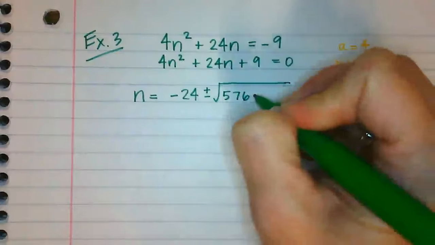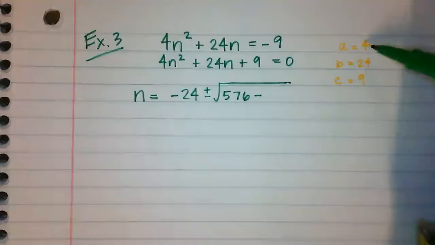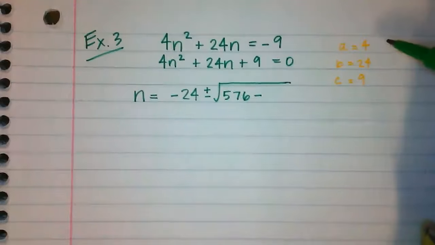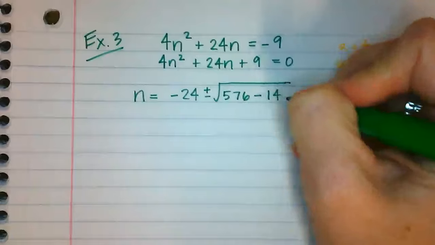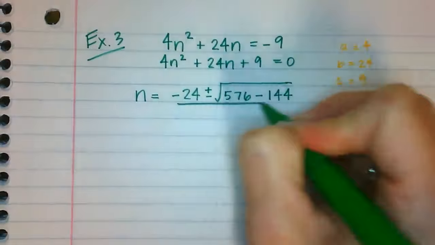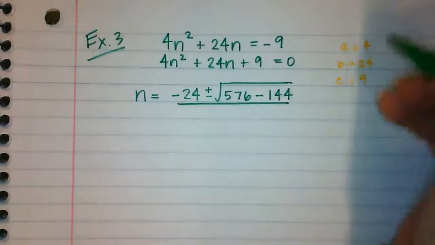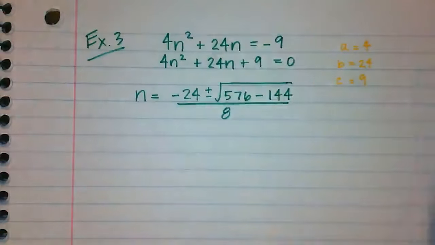And then we have minus, now we have 4ac. So that means that we need to multiply 4 times 4 times 9. And this is where you're going to begin to see why I don't like quadratic formula. And then all of this is going to be over 2a, which is 2 times 4, which is 8.